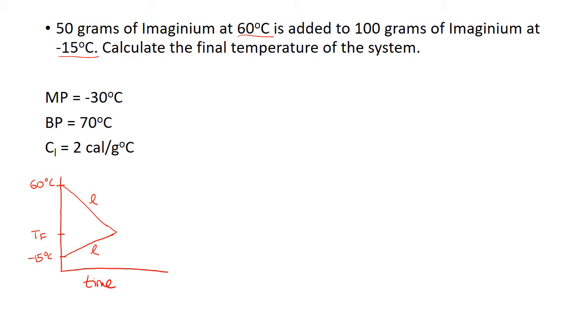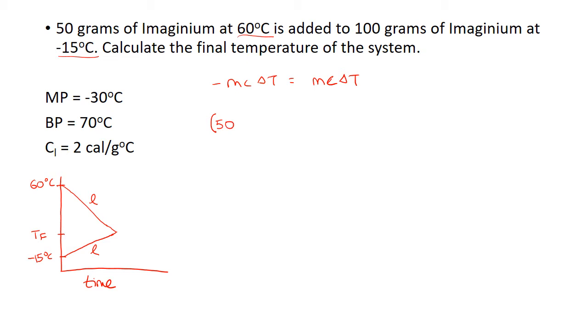When you set up the calculation, since we have two temperature changes, we're going to have an MC delta T equals MC delta T, and we're going to cancel our negative. We want to make sure that we keep one substance all over here, the other substance on the other side. For our first one, we'll go with the 50 grams at 60 degrees Celsius.